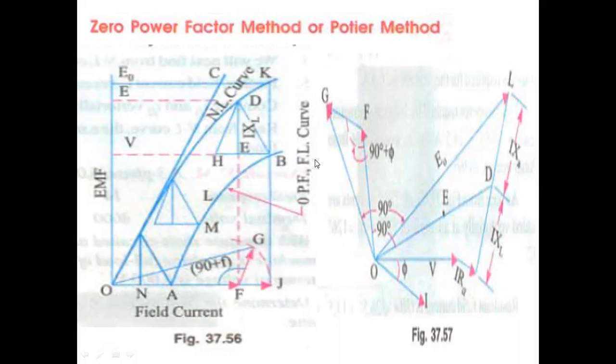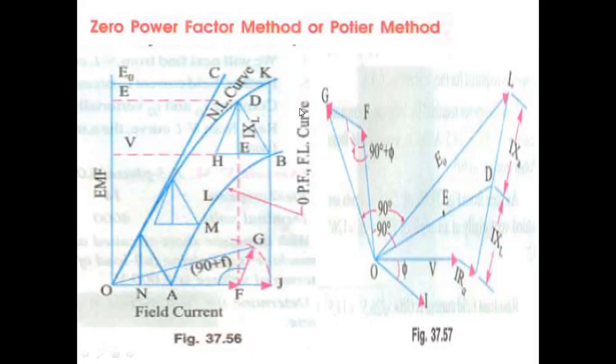It represents the field current which is equal to the full load armature reaction, and it is drawn parallel to the current vector OI, like this. And the closing side here, OG, gives the field excitation for E naught. For E naught, this is OZ. For OD, OF; for OL, OZ.